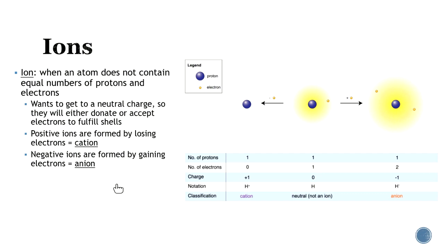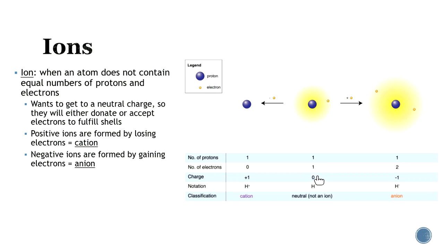Now something else the book has mentioned a little bit is ions. An ion is when an atom does not contain equal numbers of protons and electrons. Remember on the periodic table, that top number showed the equal number of protons and electrons. Well, if it happens to give or take electrons, it will turn into a cation or an anion. Overall, as long as everything is equal, it's going to have an overall neutral charge of 0.